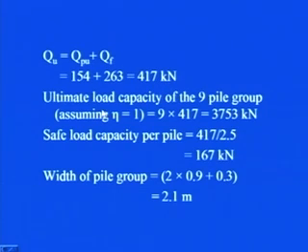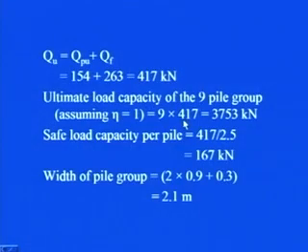Now since it is sand, we have seen that the efficiency, which is eta, is to be assumed to be 1. So in this case, if I assume that to be equal to 1, the ultimate load capacity of a group comprising 9 piles will become 9 times the load carrying capacity of one pile, because we are assuming the efficiency to be equal to 1.